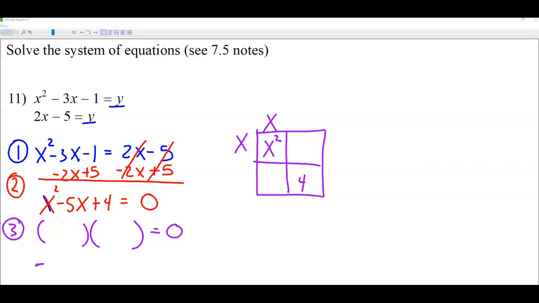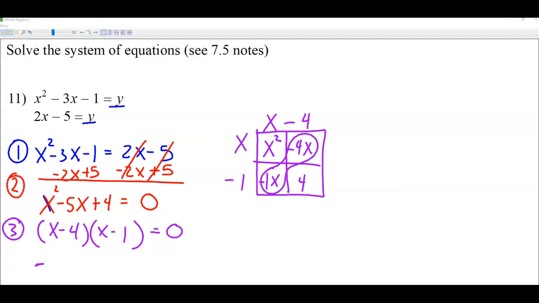Now, you might think 2 and 2, but I already know it's 1 and 4, so I'm not going to do 2 and 2. Filling in our box, we get this, and we know we're right if these add up to make the middle, which they almost do. 1 plus 4 is 5, but I want a negative 5. That's an easy fix. We can just make both of these negative, and now we have our answer.